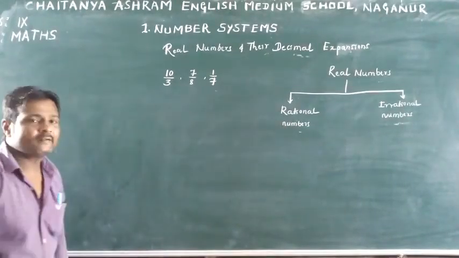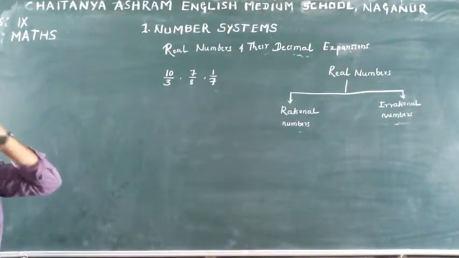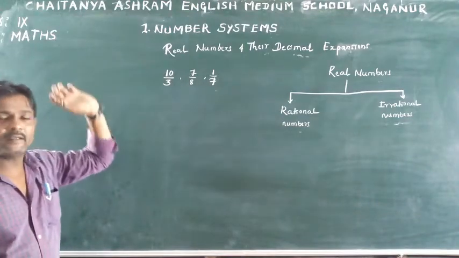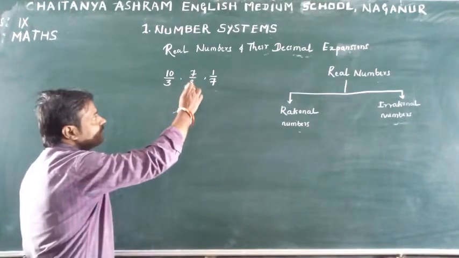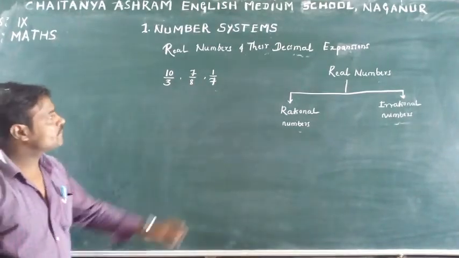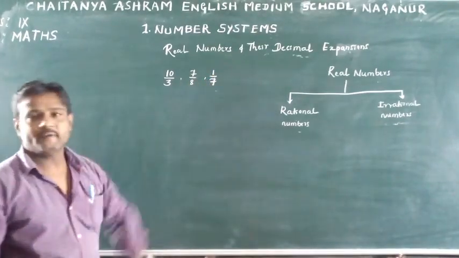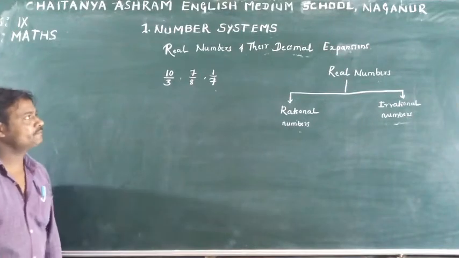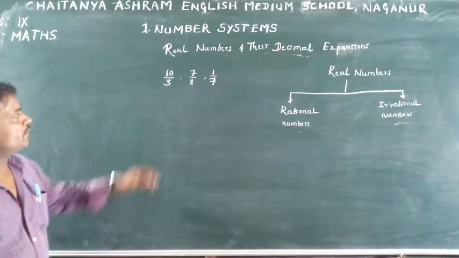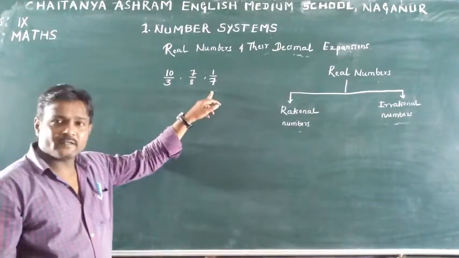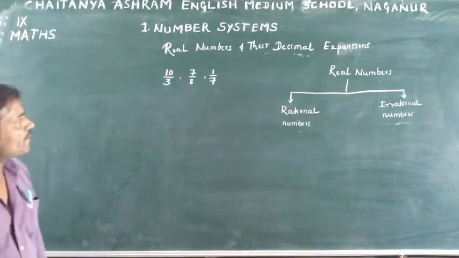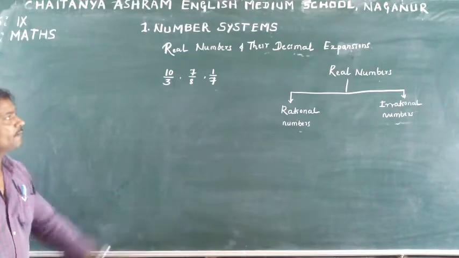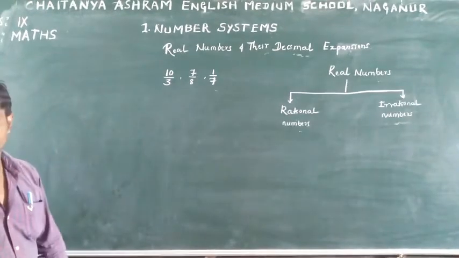Consider the rational numbers 10 divided by 3, 7 by 8, and 1 by 7. To get the decimal expansions of these three rational numbers, divide the numerator by the denominator.